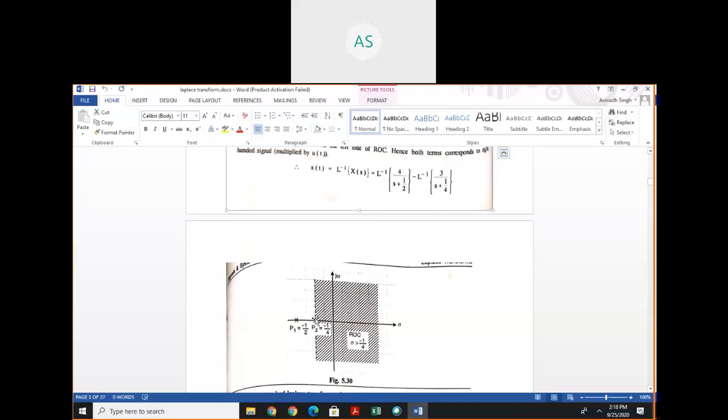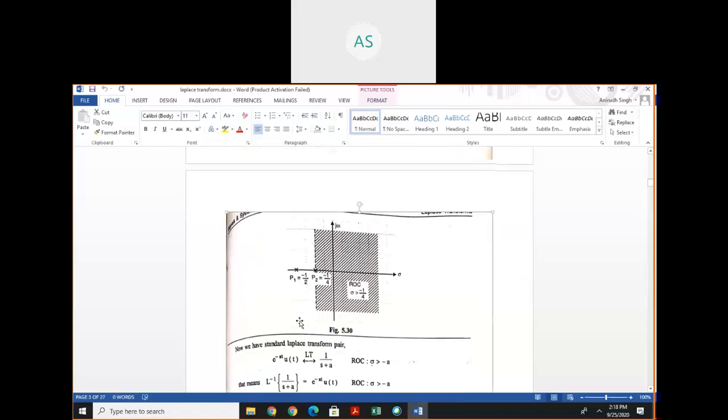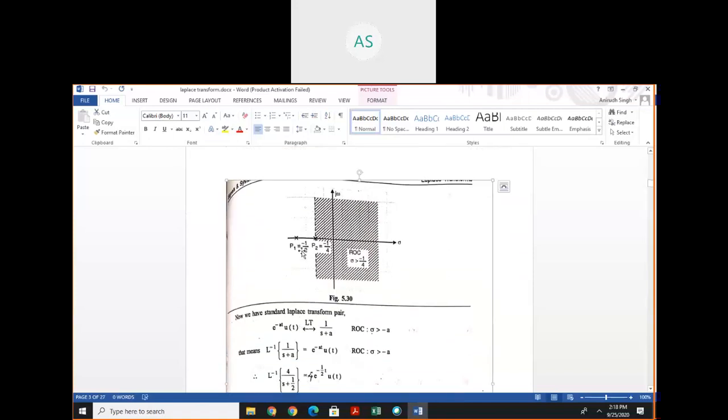Here the poles are at minus half and at minus 1 by 4.